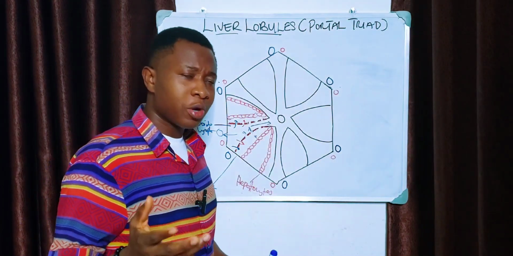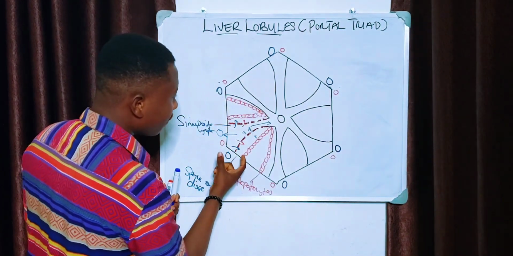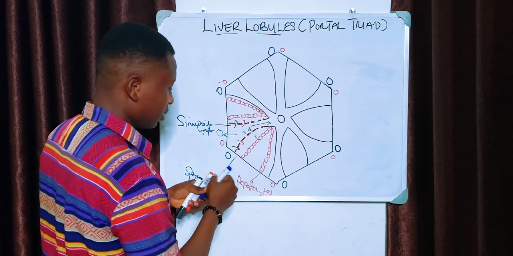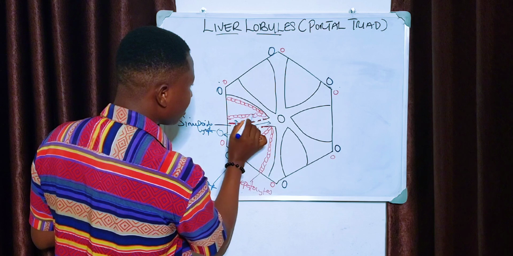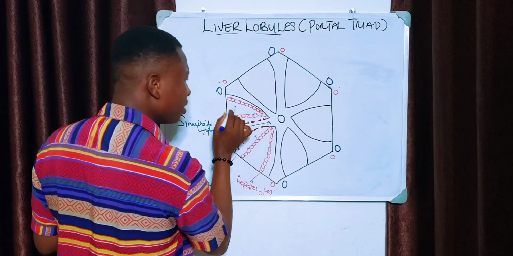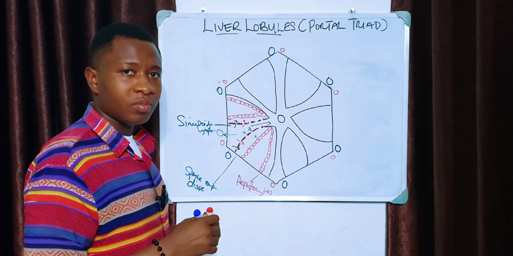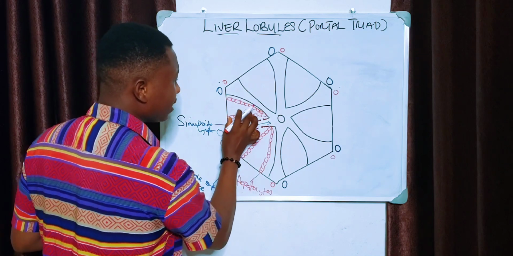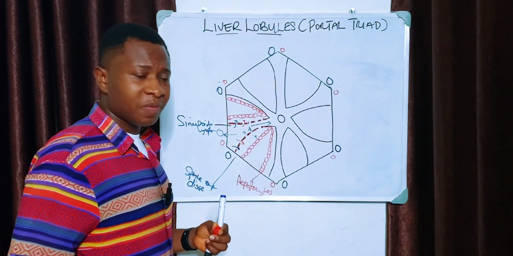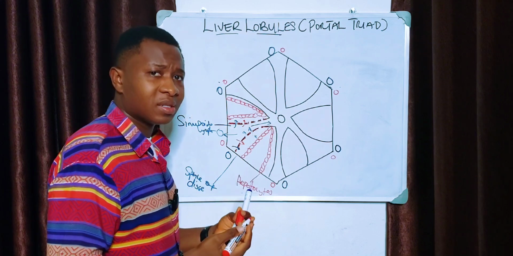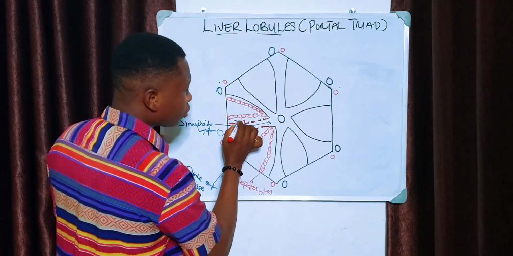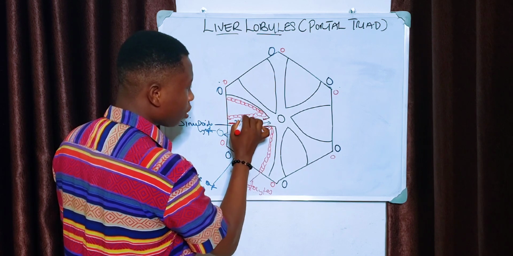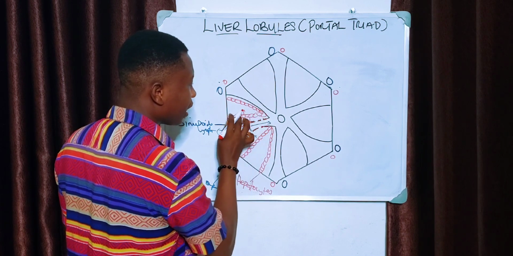So what then is regarded as the triad? If you observe, there is a space between the hepatocytes. So this space between the hepatocytes, something really happens there. Now, what happens is that when the hepatocyte carries out its activity, it releases substances. Some of them will come this way, while some will go into this space.